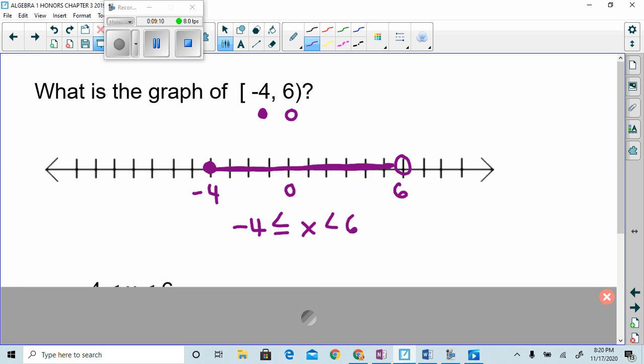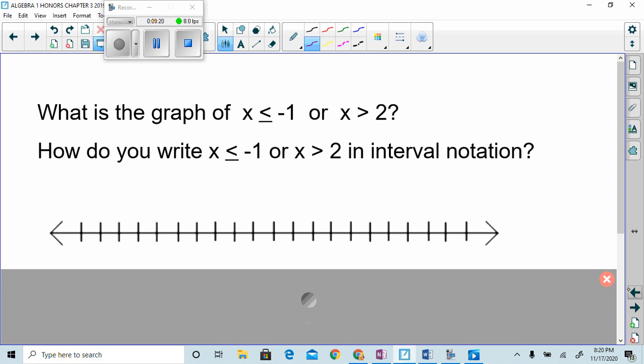Closed circle, open circle, bracket, parentheses. What is the graph of x is less than or equal to -1, or x is greater than 2? Again, we can graph this. We've already done this before.